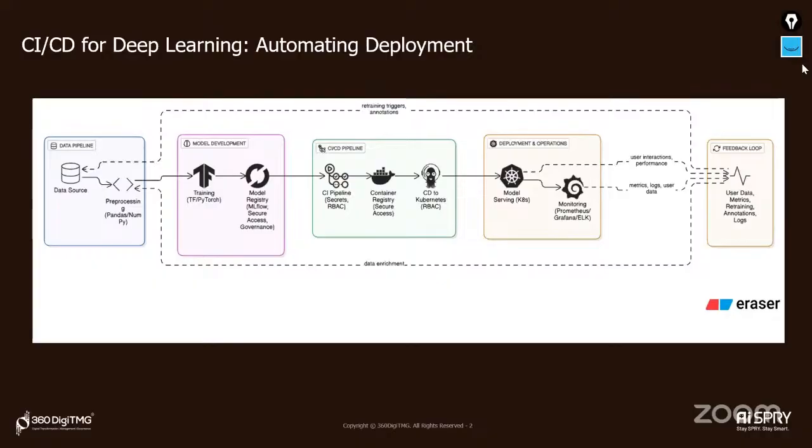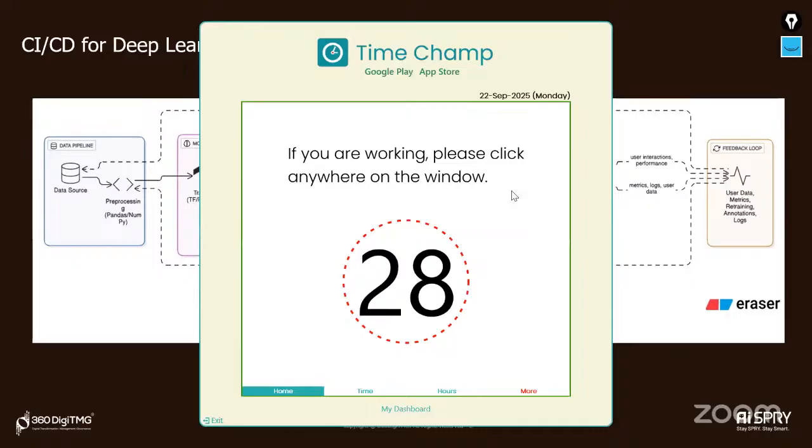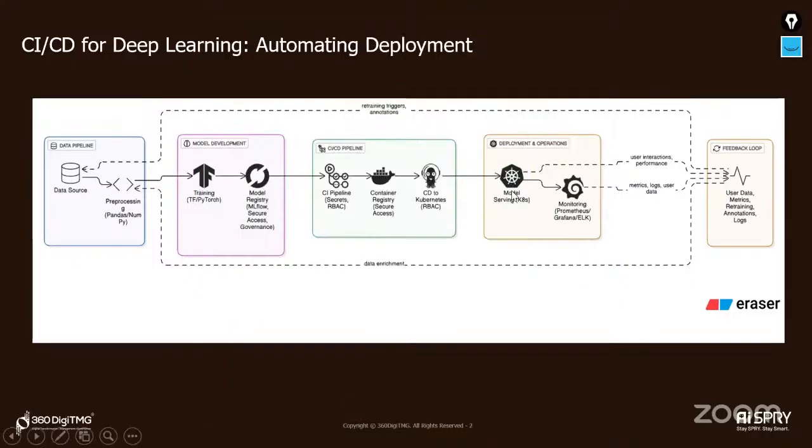Here we can also use Grafana or ELK stacks to monitor these services, which will track uptime, latency, system metrics, logs, and user interactions as well. This operational visibility helps detect issues, optimize performance, and trigger alerts when necessary.